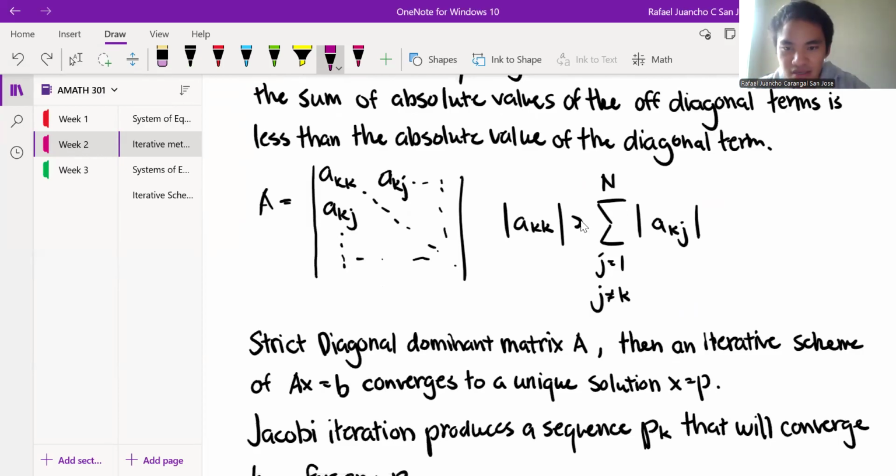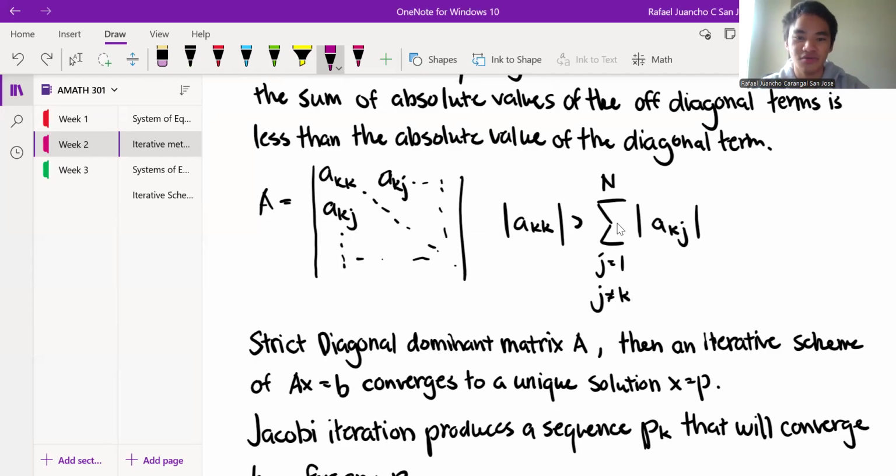Also, the vertical lines mean absolute value. The k and j are indices. N goes all the way, so we're going until we reach this capital N. This is a summation, the sigma symbol. j starts at 1, and j can never be k because here we're considering only the off diagonal terms.